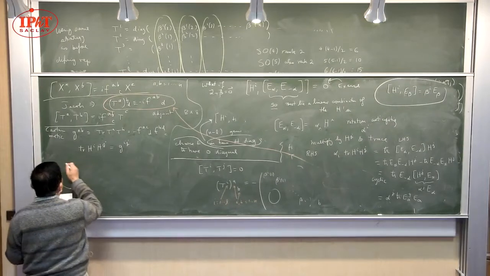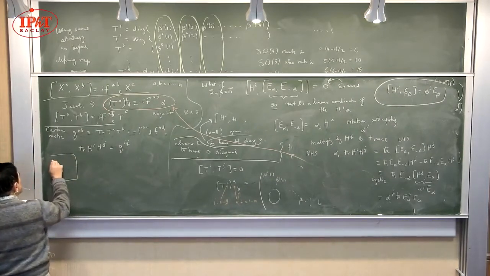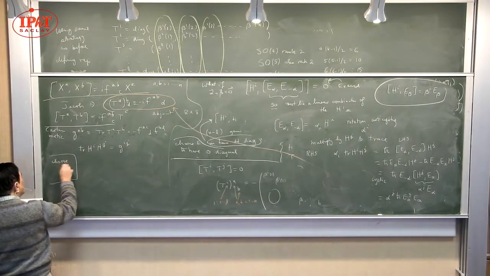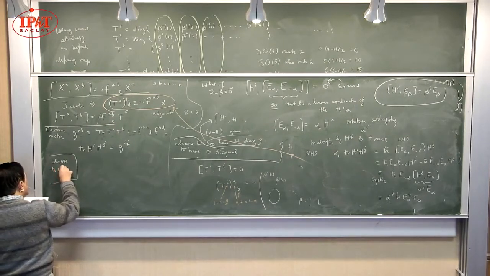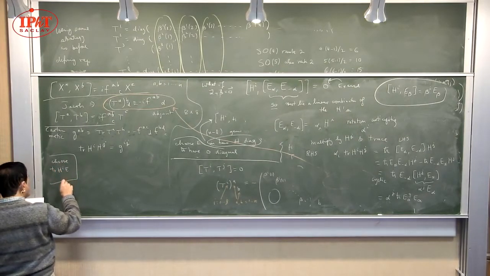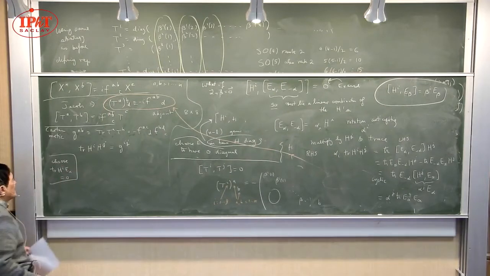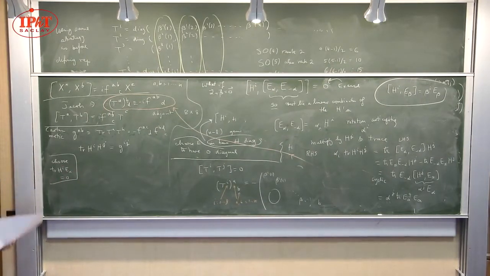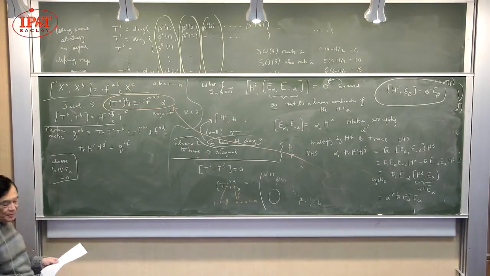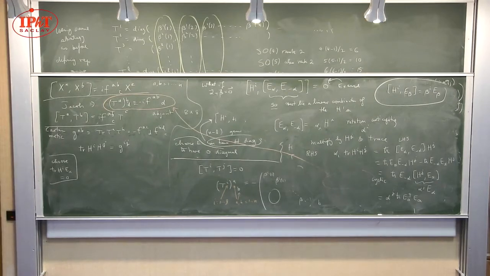We also remember I have a remark that I could choose the trace of the H's and the E's to be 0. By definition I can. It would be silly, for example, in the case of SU(3), you chose lambda 3 and lambda 8 to be diagonal, but then the I's and V's and U's, if you add some diagonal elements, that's clearly silly. You can always subtract them off.